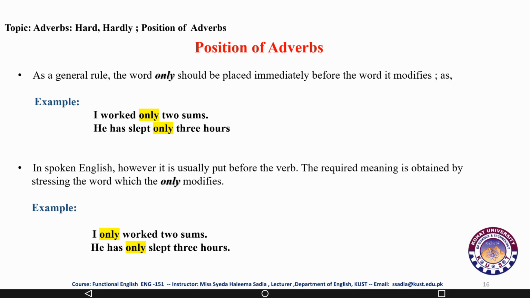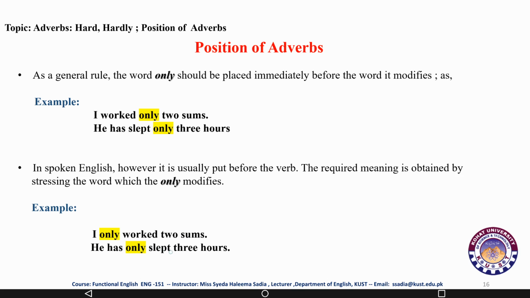So in spoken English, for stressing purposes, only is used before the verb. What is the verb? I only worked 2 sums. So worked is stressed, it shows that I only worked on 2 sums.